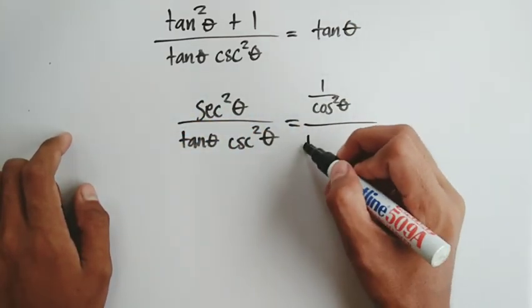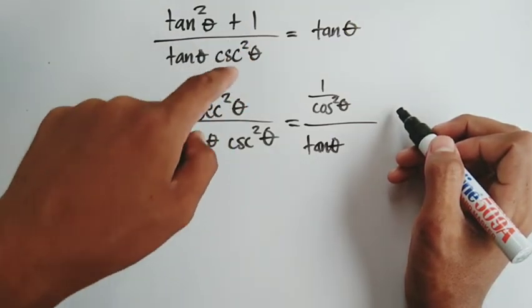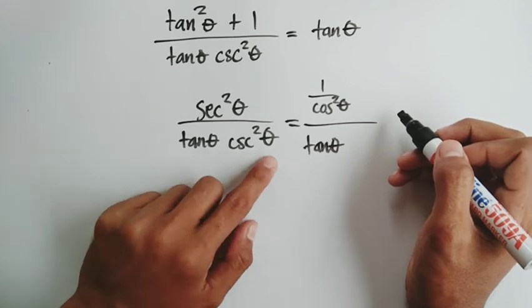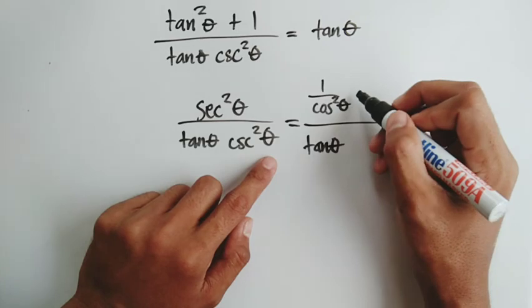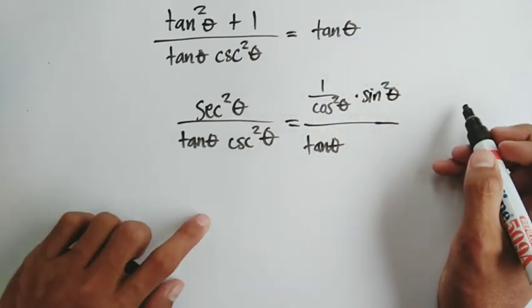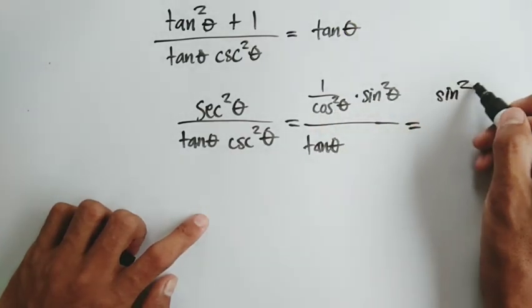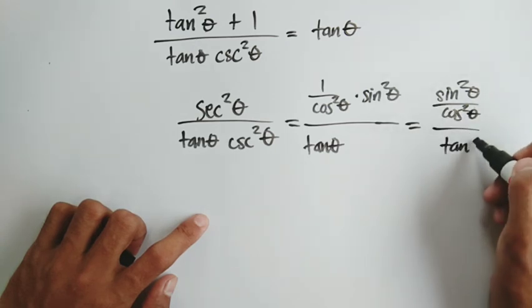Next na gagawin ko is eto, di ba palaging may 1 yan? Pwede natin isulat as 1 over cosecant squared theta that is equal to sine squared theta. So papalitan ko yun ng sine squared theta. Bakit ko yun ginawa? Kasi makikita nyo na ito, magiging sine squared theta over cosine squared theta yan. Then copy natin.